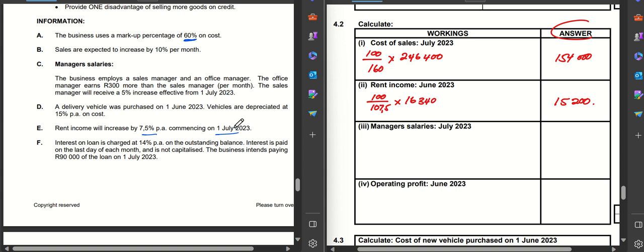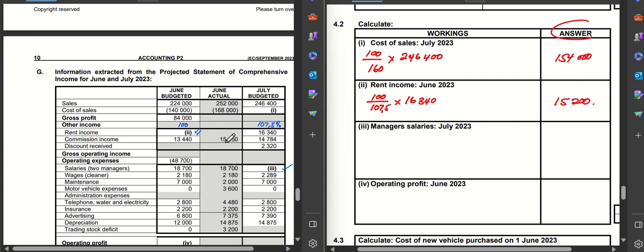All right. So let's take into consideration that there are two managers who are employed. The office manager earns 300 more than the sales manager per month. So we would come to what they're earning, which is your 18,700. Then we will take out the difference between the two, which is your 300.